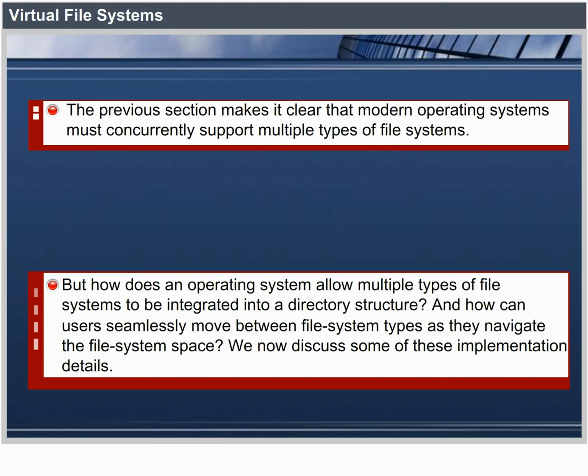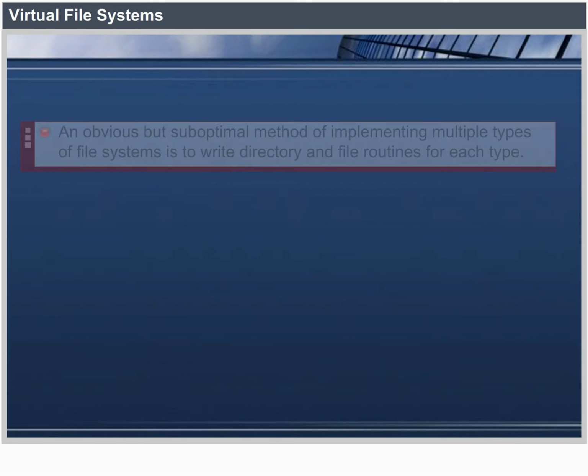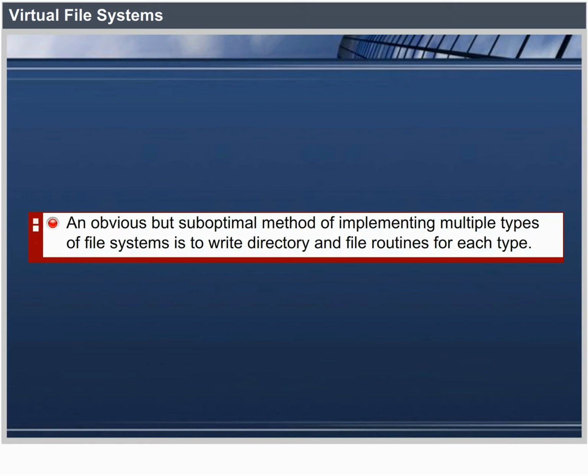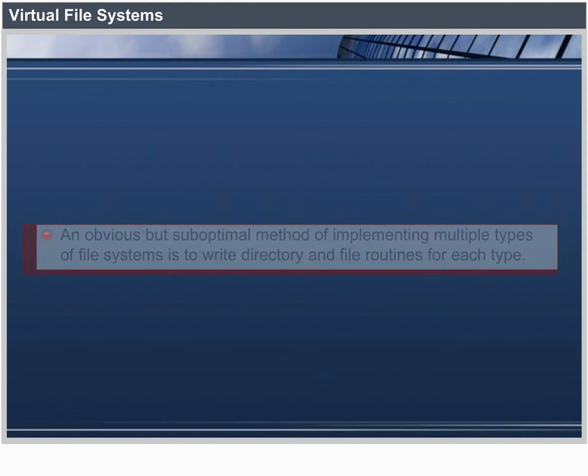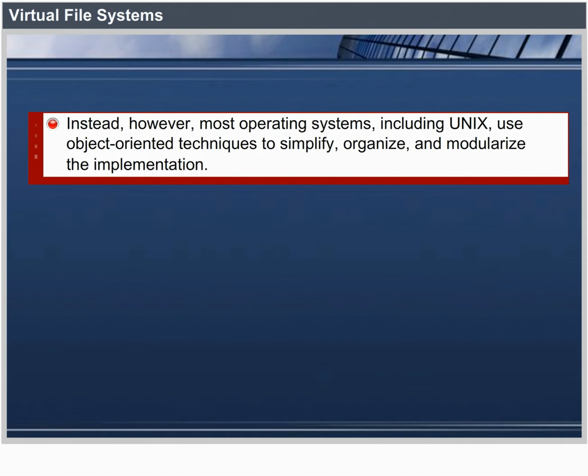An obvious but suboptimal method of implementing multiple types of file systems is to write directory and file routines for each type. Instead, however, most operating systems, including Unix, use object-oriented techniques to simplify, organize, and modularize the implementation.